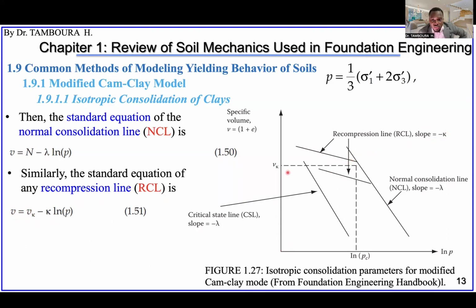V is V kappa minus kappa ln of P. So as we can see here also, this line means the soil has experienced all the mean stress in this line. But this line, this is the limit, okay? Pc is here. This is the limit, okay?